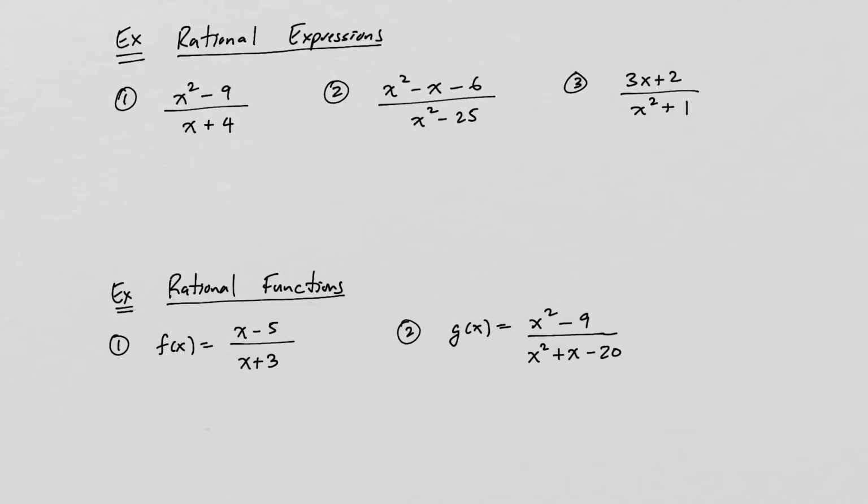Now, one thing to keep in mind here is each time you have a rational expression, you need to be concerned about the value of x that you are not allowed to plug in to the expression. So in this case here, it's pretty simple to see that you cannot plug in x equals negative 4 because negative 4 plus 4 would be 0.